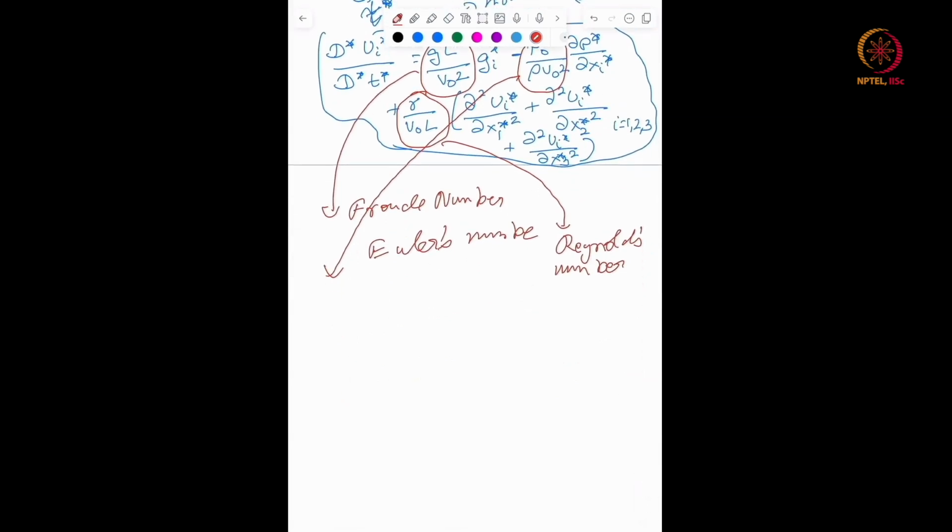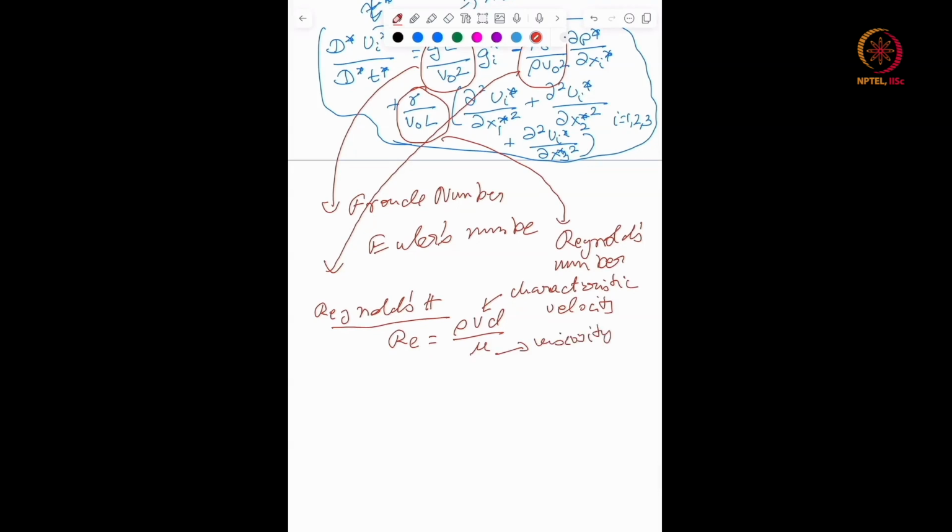So the Reynolds number, let us see one by one. Reynolds number is basically rho V d by mu. V is the characteristic velocity, which was in this case V naught. You can define it in different ways, and mu is viscosity.